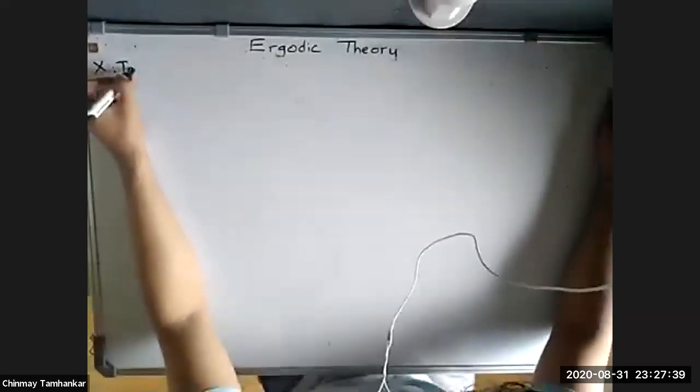Okay, so our next aim will be to give some more equivalent conditions for ergodicity. For that we'll need some digression. So we start with X, which is a topological space.